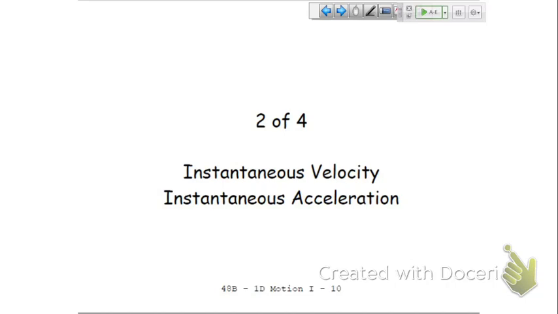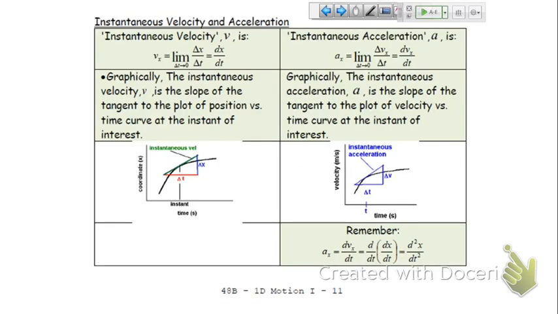So let's talk about some instantaneous stuff now. Imagine I plot a graph of position versus time. So here's position and here's time, and my graph is just some kind of curve. Let's just think about this for a second. Where am I traveling fastest?